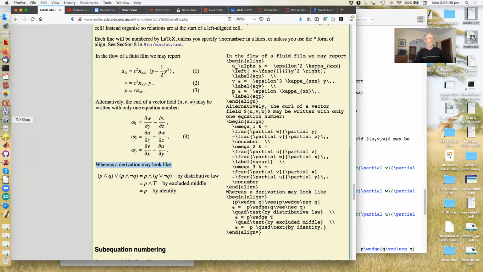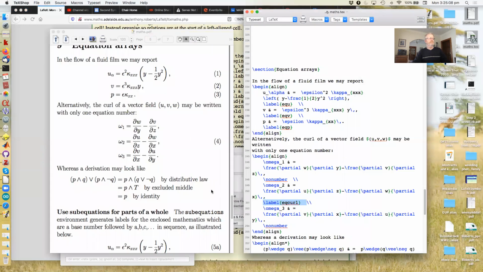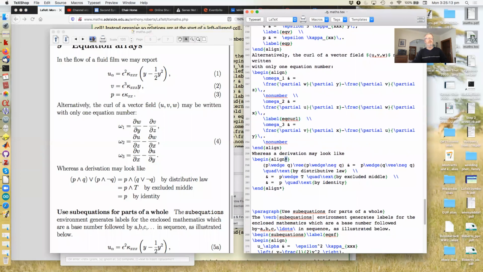Okay. So here we are in the maths, no number, and it's because we used the star form, and that meant we didn't have to put \nonumber on every line. And you can see it's beautifully aligned there. The explanation is offset from the mathematics by the quad space.